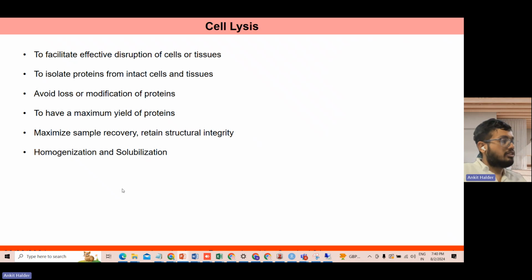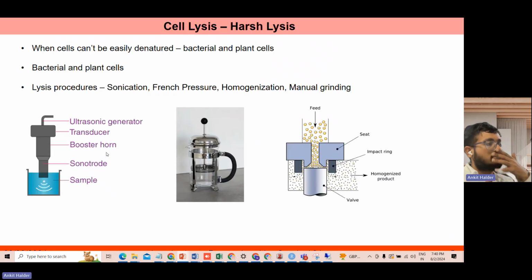So what are the different steps that generally deviate from the original steps: homogenization, solubilization, other than using enzymatic denaturation of the cell walls. We can also use different physical forces.